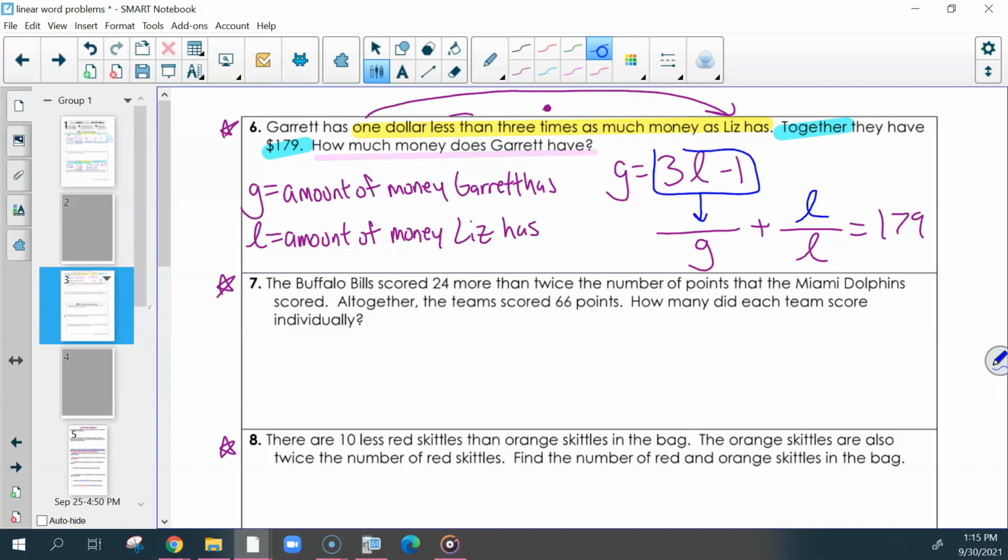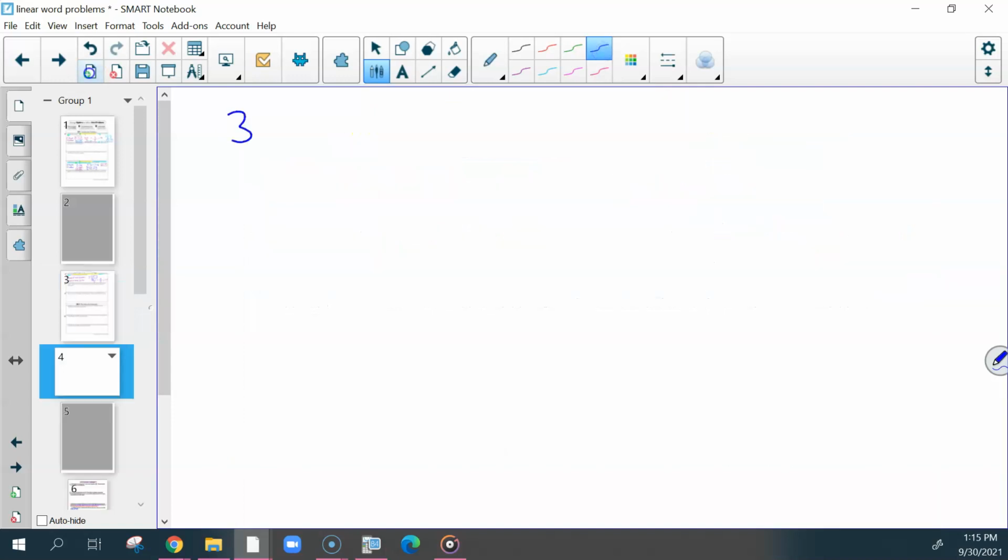So I'm going to put that there, and then I'm going to rewrite it. I'm running out of space on my page, so I'm going to add another page. So putting it all together, we have 3L minus 1 plus L equals 179.